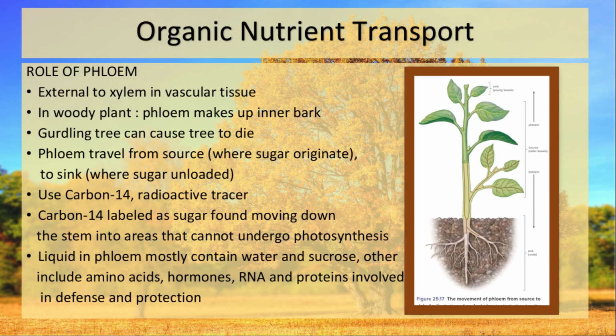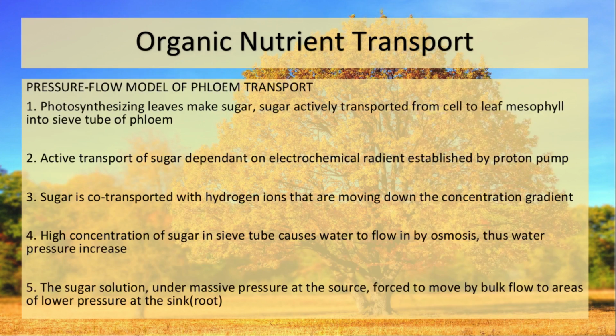The liquid traveling in phloem is mostly water and sucrose, but there are other substances too, like RNA and protein that are needed for defense and protection. Alright, now I want to explain the pressure flow model of phloem transport.